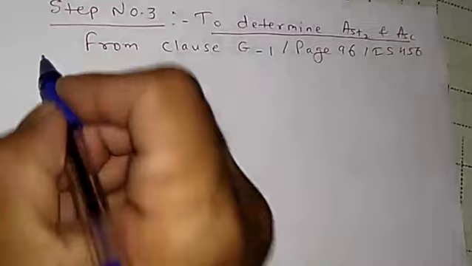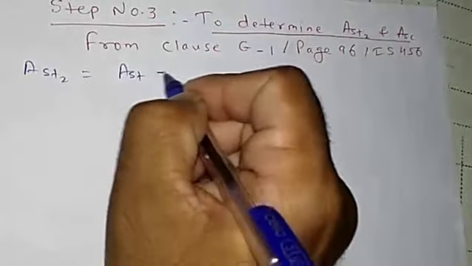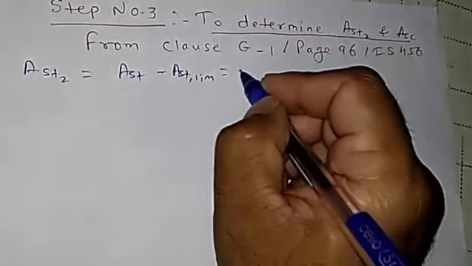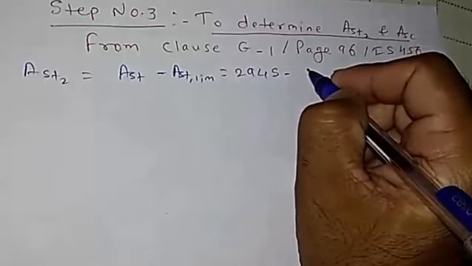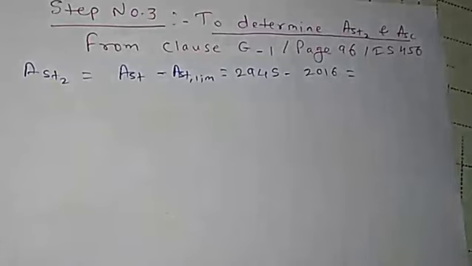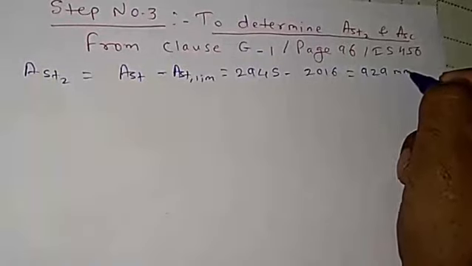So we'll be getting here Ast2, and that equals Ast minus Ast limiting carrying capacity. So this equals 2945, which is already given, minus Ast limiting, which we have just calculated. So this is going to be around 929 mm square.